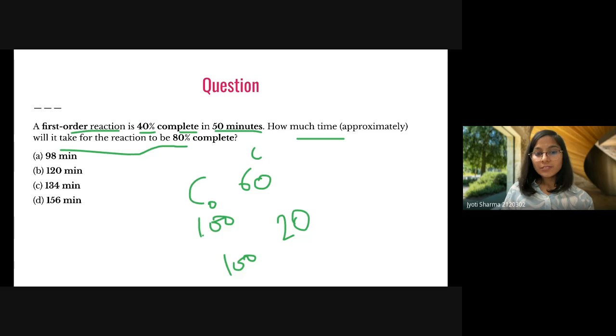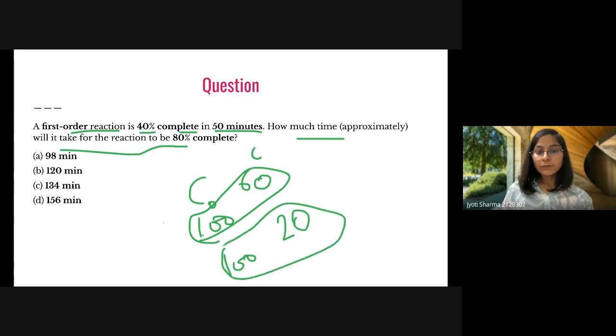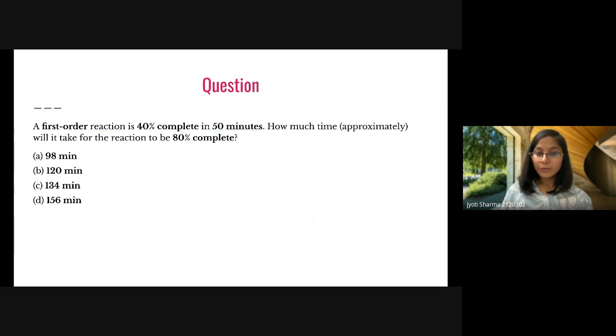So C naught is equal to 100, C is equal to 20, and the time for the first case is 50. How can you calculate the time for changing from 100 to 20 concentration? Again, with the same formula.